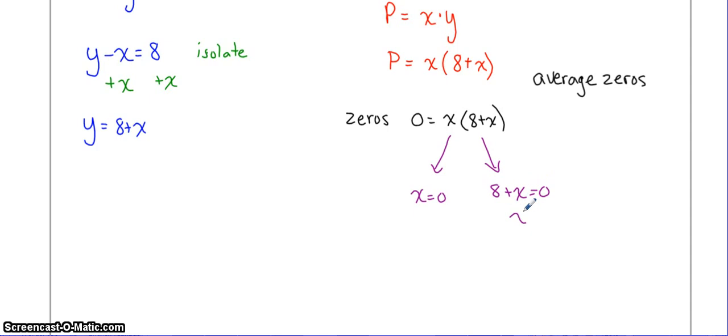And if you subtract 8 from both sides, you get x is equal to negative 8. So now to find the vertex, the x-coordinate, you add the two zeros together and divide by 2. So that gives you negative 4. That's the x-coordinate of the vertex.